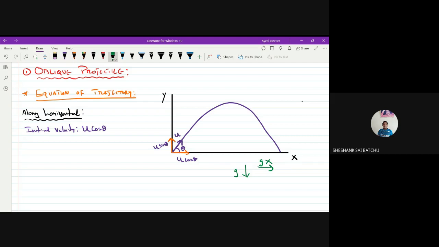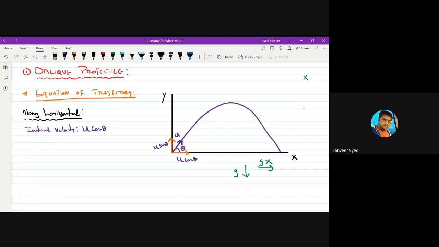We are ignoring air friction here. If g acted along horizontal direction, then if you drop a ball from a certain height, this ball along with falling down, it should have gone like this also. But there is no g along horizontal direction. g is only along vertical direction. So there is no acceleration along horizontal direction. That is the point.